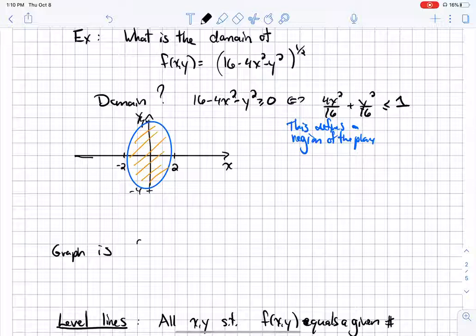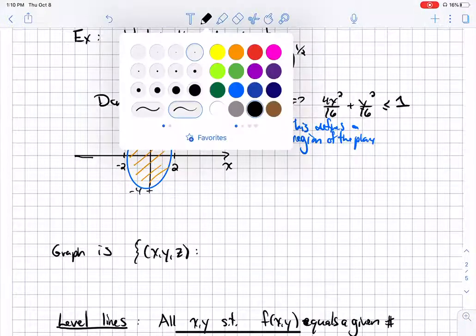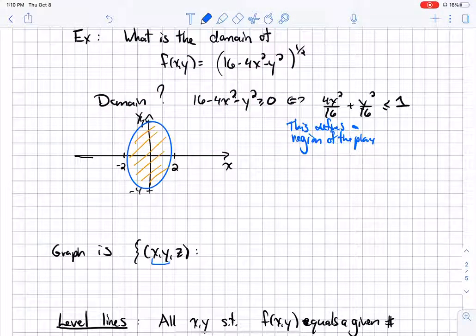So the graph is all the points x, y, and z, and now, again, this is how we decide to graph things. x, y is an input, and z is the output, so where z is equal to the function of x, y. Okay, that's how we draw things.